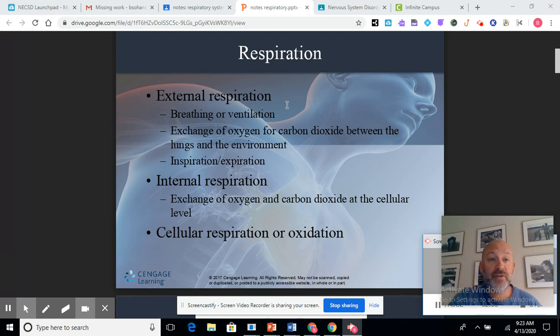The mitochondria use the oxygen along with food nutrients to make energy, and then the cells, as a result, produce carbon dioxide. So 3 different levels of respiration: internal cellular respiration inside the cells, making energy; the blood picking up carbon dioxide as a result of cell respiration; and then the blood bringing oxygen down to the individual cells. That's internal respiration. And then external respiration is what's happening between the atmosphere and the body.